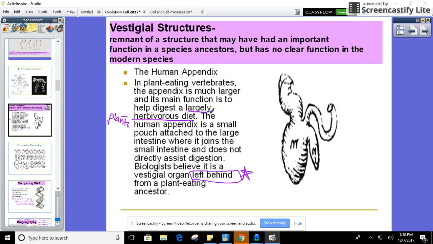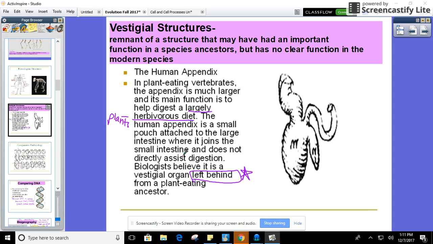It does have an important function in digesting herbivorous diets with plants, but there's not any current need for it, and therefore if your appendix becomes infected, it can be removed and you're fine. Biologists believe it was a vestigial organ, something left behind from a plant-eating ancestor. Vestigial structures indicated to Darwin that there may have been a function in a different species that no longer existed.